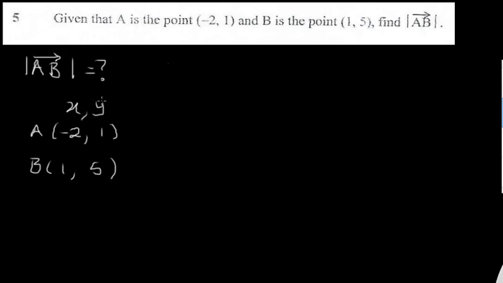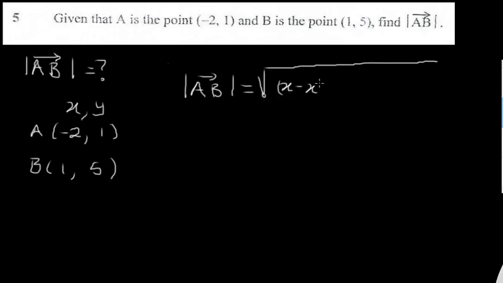So we've got our x values there, and we've got our y values down there. So how do we find this magnitude? To find the magnitude AB, we would say this is equal to the root of a whole big square root, and we would have (x minus x) in brackets, squared, plus (y minus y) in brackets, squared.